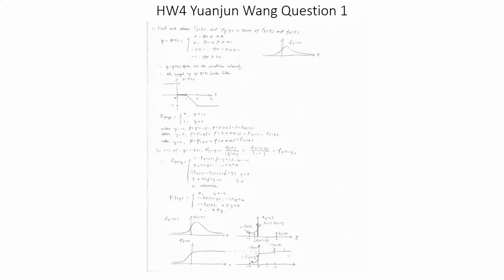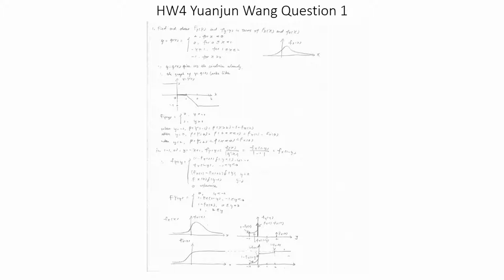And then the capital Fy of y is equal to 0 when y is smaller than negative 1, and equals 1 when y is bigger than 1. So we know that when y is equal to negative 1, the probability of y equals negative 1 is equal to the probability of x bigger than 2, which gives us 1 minus capital Fx of 2.